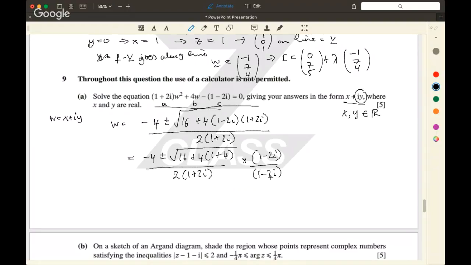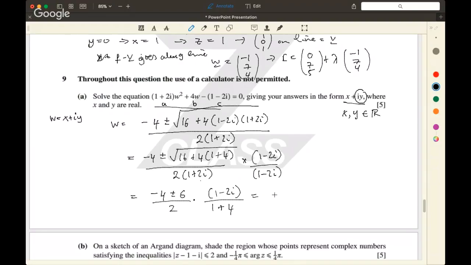Because I know that this is the complex conjugate of that, and therefore multiplying them is going to give me a real number. So this is going to be minus 4 plus or minus 6, which is what that works out to, because it gets square root of 36, all over 2 times 1 minus 2i over 1 plus 4.